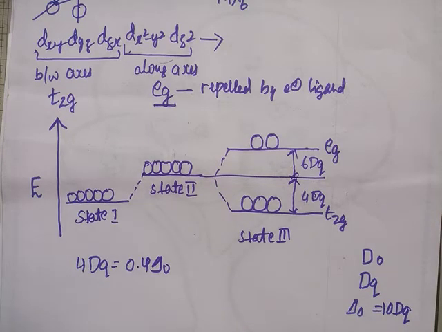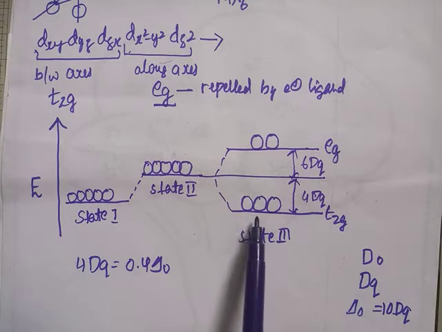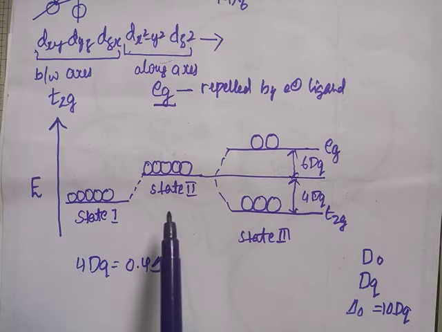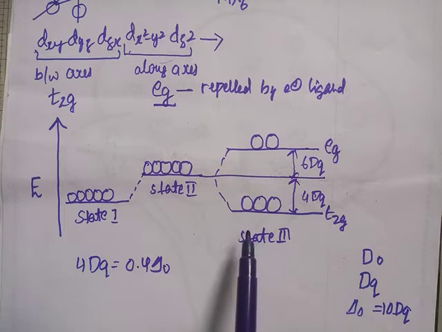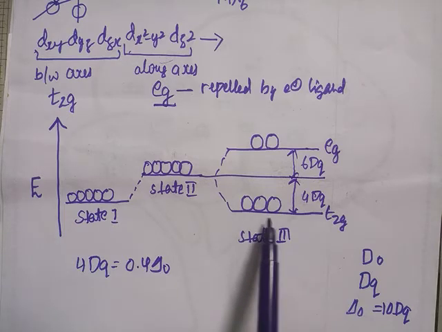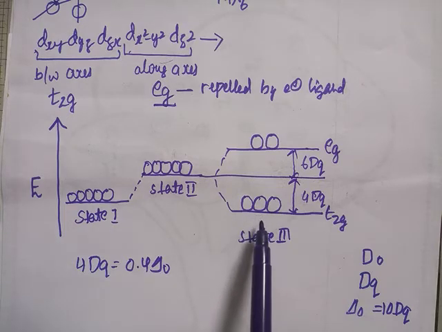In octahedral complexes, we know that the electron always prefers to occupy the lower energy orbitals. So in an octahedral complex containing, for example, one d electron, the electron will always reside in the T2g orbital because of the lower energy.